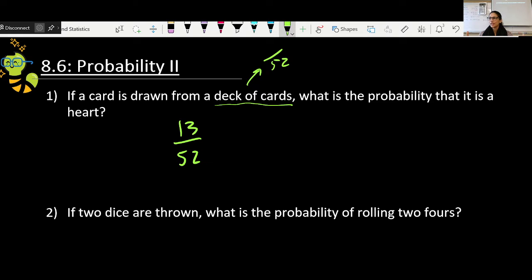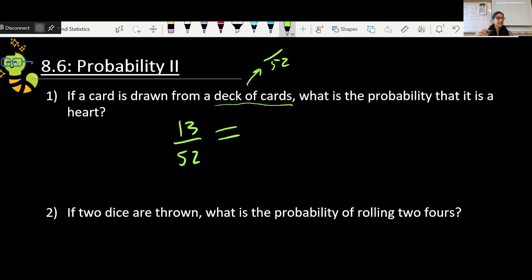What are all the possibilities? Those would be the ones that we're interested in, but what's the sample space out of all the possibilities? All the cards, so the 52. Does that make sense? So I just wanted to make that clarification because that vocabulary is often used in the questions, but we're not going to leave it like this. What's a better way for me to leave my answer? What else can I do with this 13 over 52?